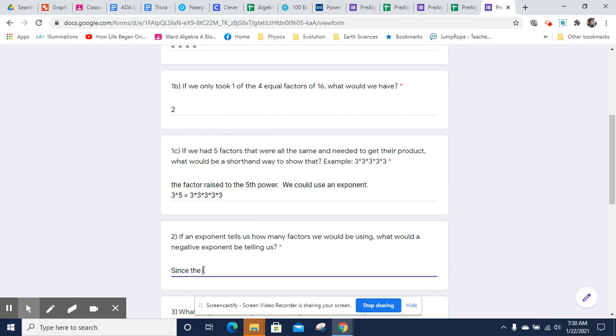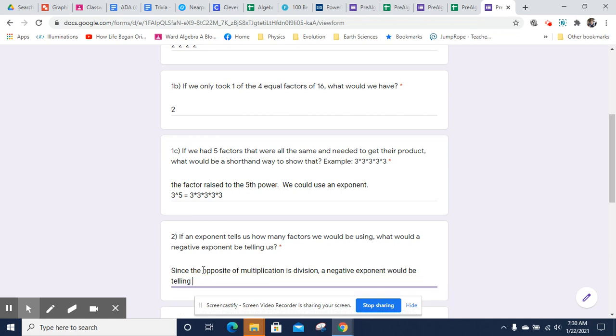Okay, let me restate that. A negative exponent would be telling us how many times to use something as a divisor. Okay, so we're going to be dividing instead of multiplying.